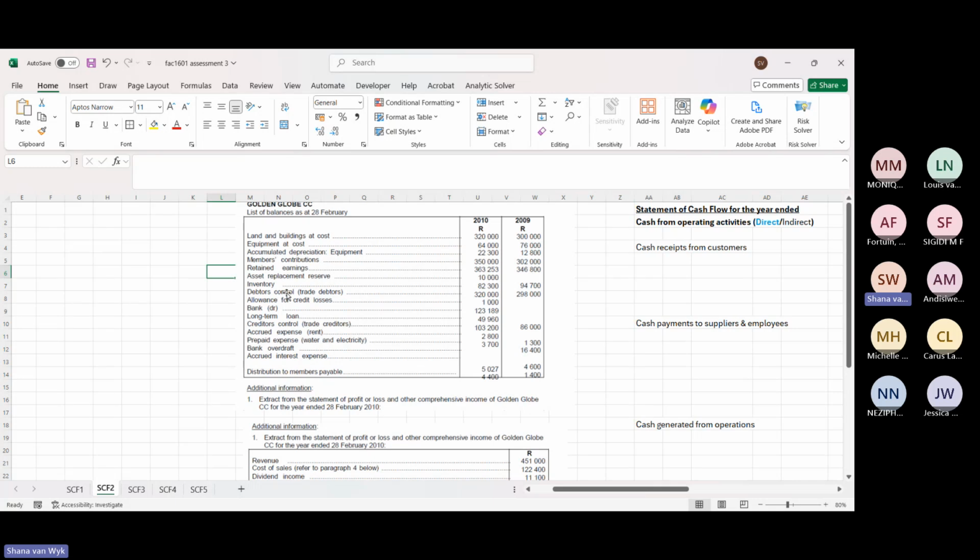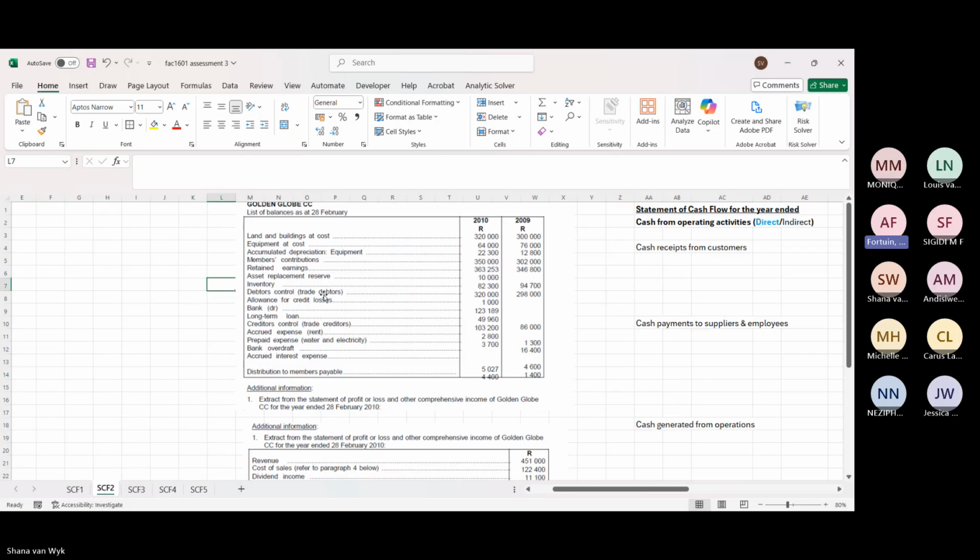Debtors control, tick, we did that. Allowance for credit losses. Bank. Just a moment, your debtors control. That is what they owe us.